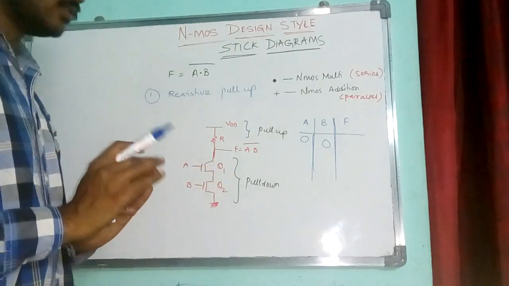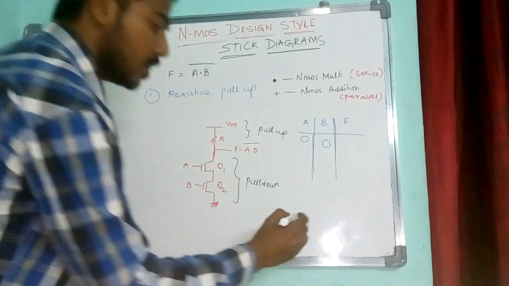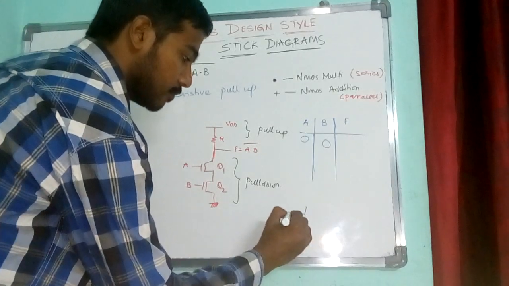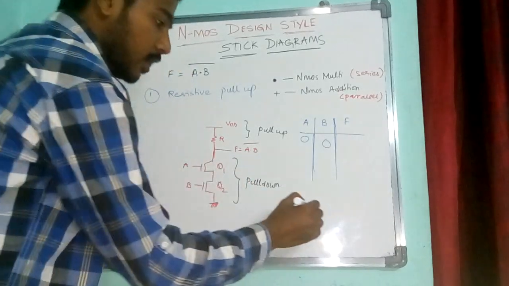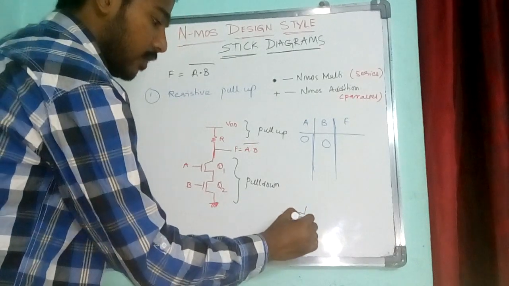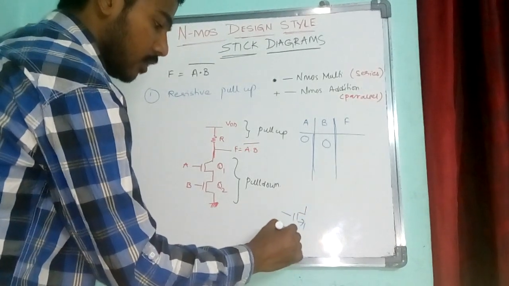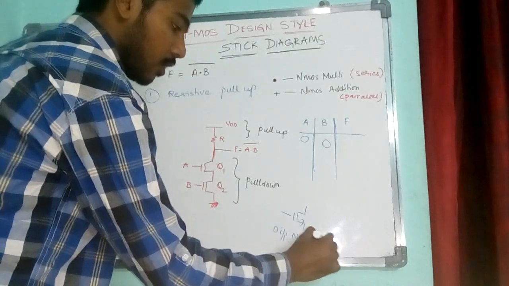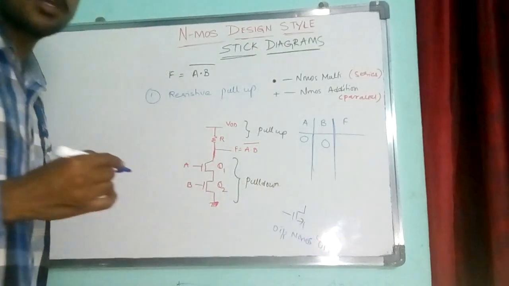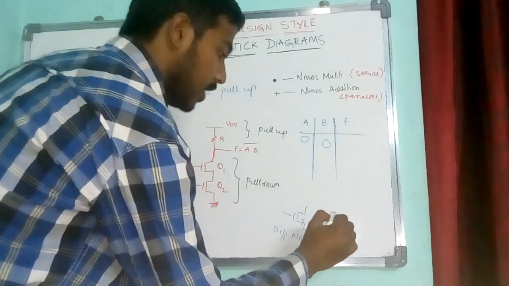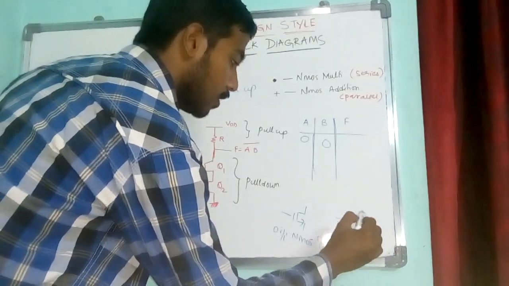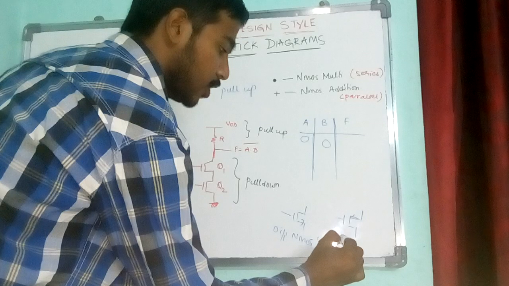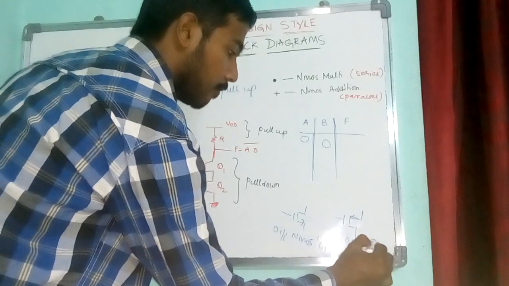As it is an Nmos, the first thing we need to remember is that whenever the input is 0, the Nmos is off, whereas for a PMOS, 0 is on.